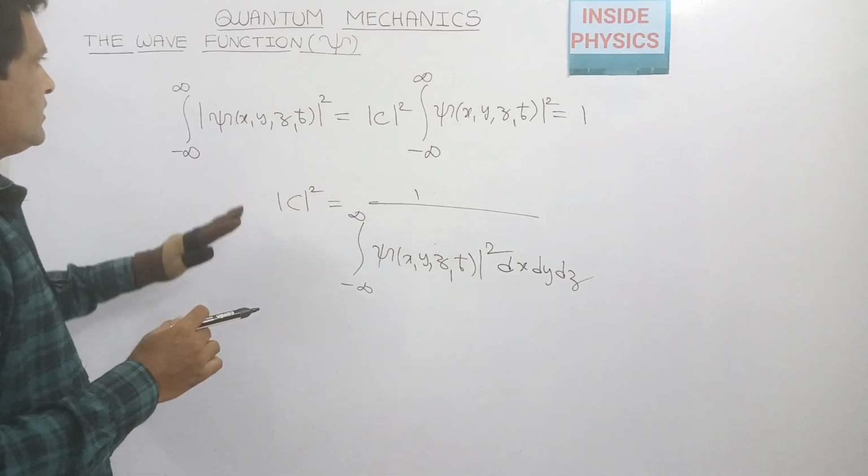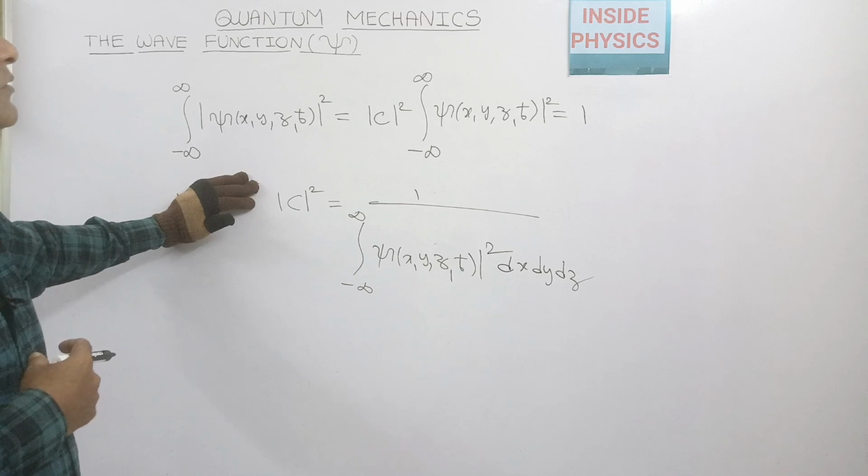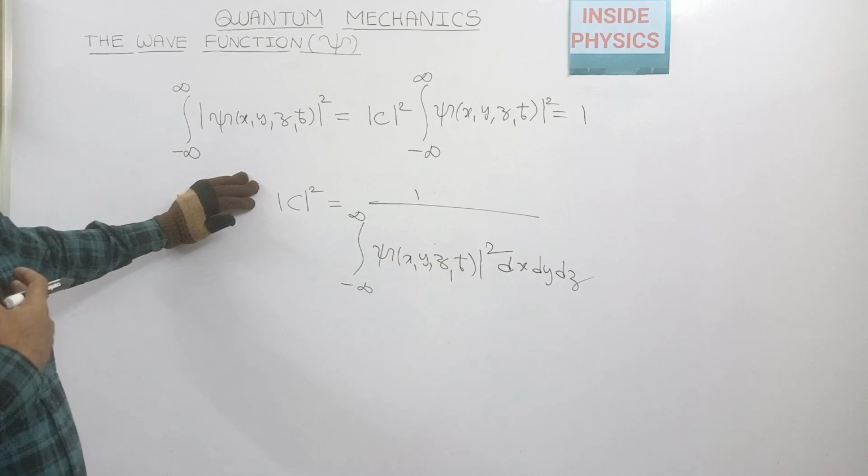So this is the normalization of the wave function, which gives a probability interpretation.